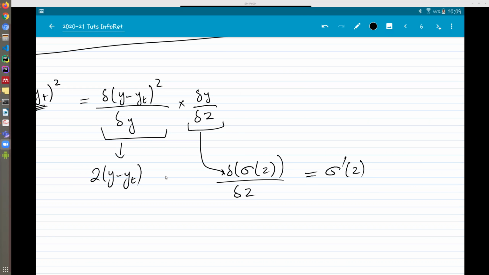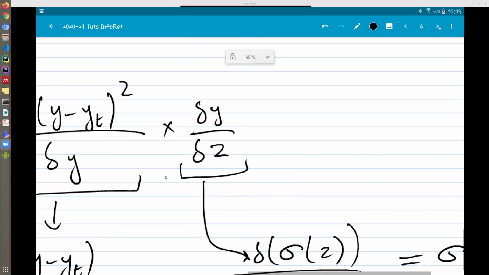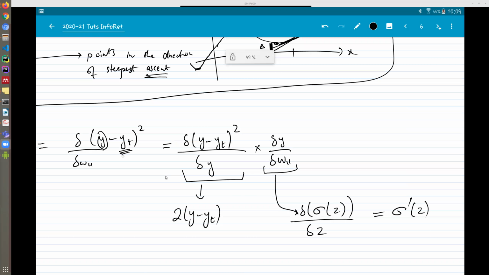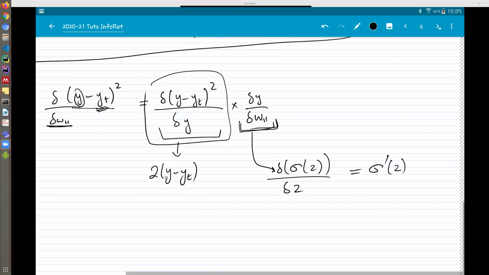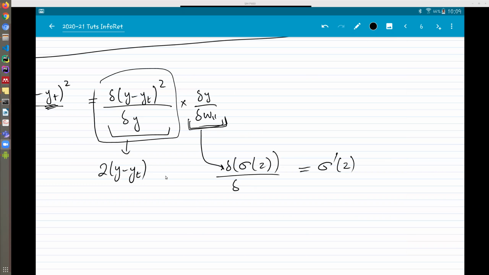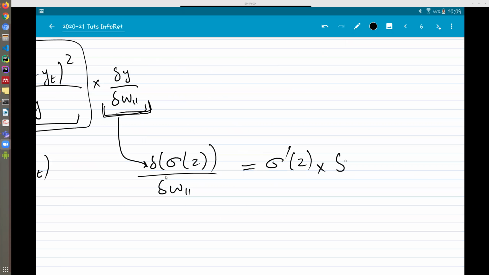But actually here I made a mistake. I should have written w11, to follow the chain rule, because partial of this function with respect to w11 is equal to this immediate partial, multiplied by the partial of the rest with respect to w11. So here it is actually partial of z divided by partial of w11.